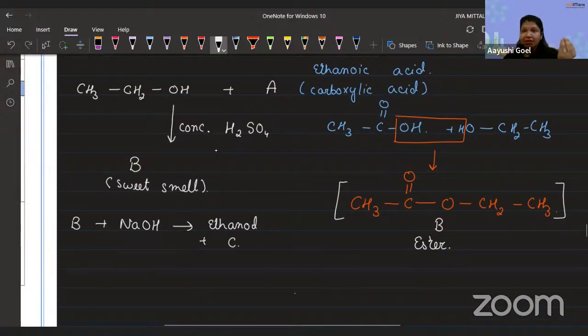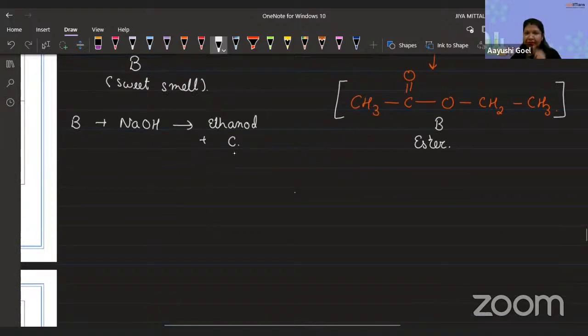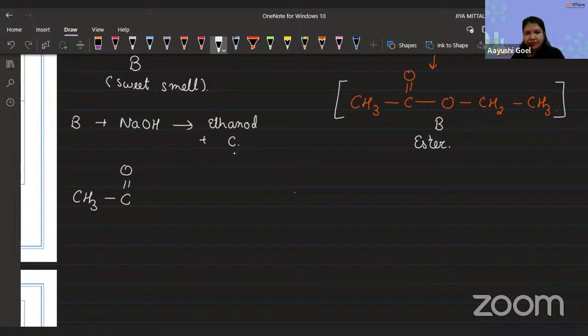And we have learned in the rancidity portion also that the sweet smell is spoiled because the esters get oxidized. And that is what they have done in the presence of NaOH. So what will happen here in the presence of NaOH? This ester will react with NaOH and break down.